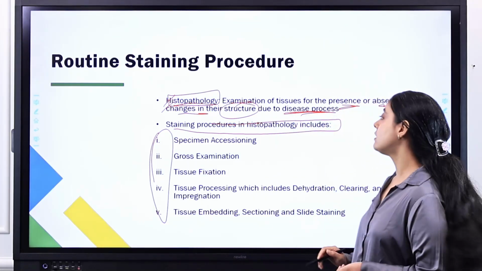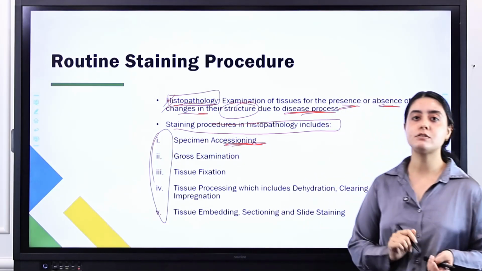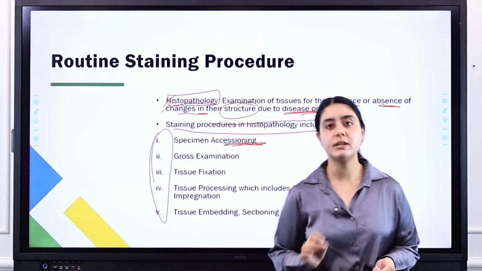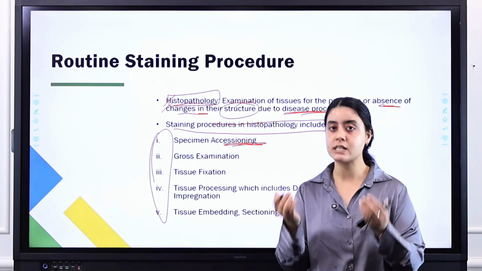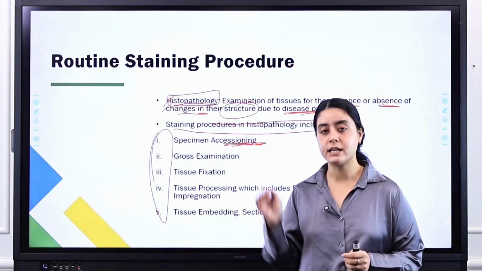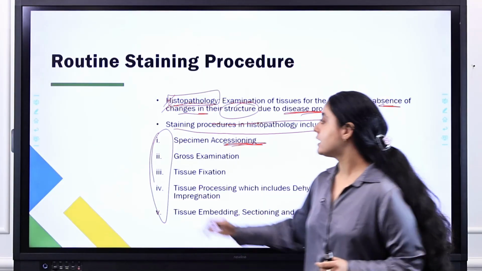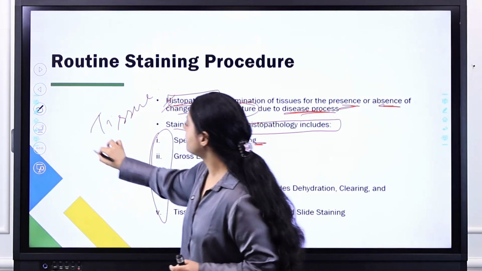Okay, what will be the first step? Specimen accessioning. What is the meaning of specimen accessioning? Specimen accessioning means that first we receive the sample in the laboratory, then we assess what type of sample this is. Is it a tissue sample? Is it a biopsy?